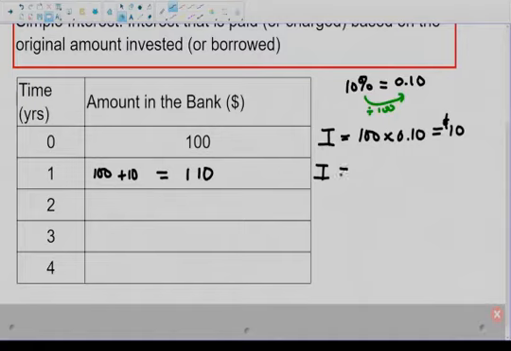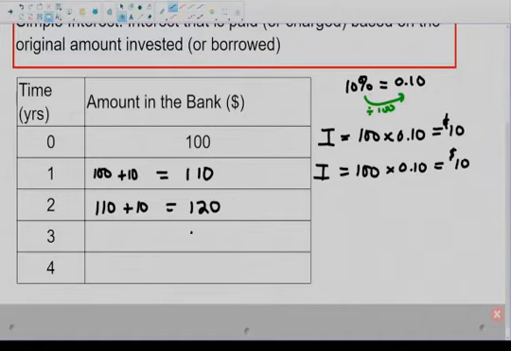I just go back to my initial amount and multiply by 0.10 again. Well, that's always going to give us the same $10. So now, to find my amount in the second year, I take the $110 that I now have in my first year, but I only add $10 again, which gives me 120.